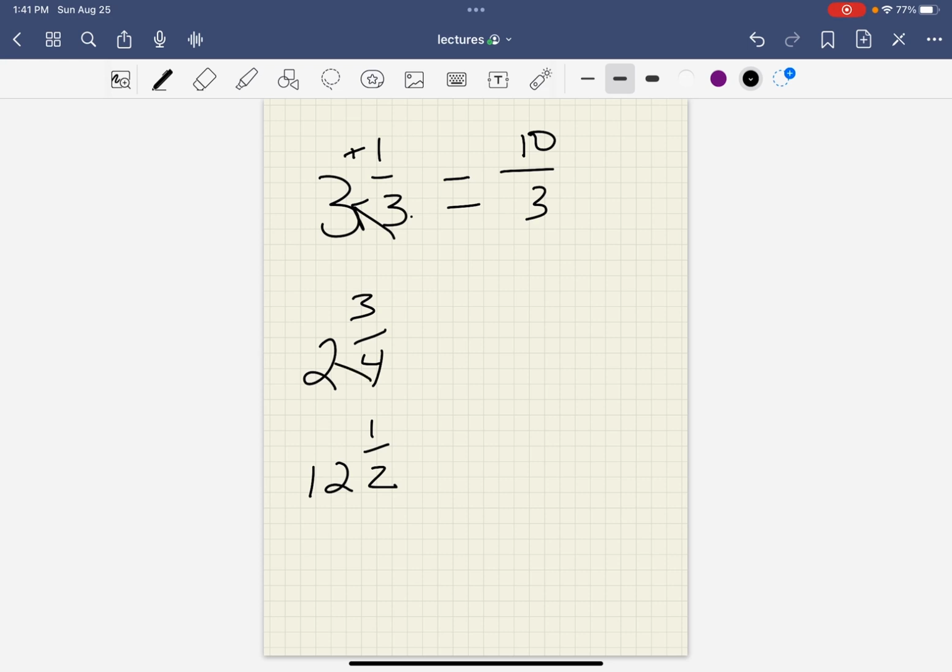This one is 4 times 2, add the 3, so 4 times 2 is 8, plus 3 is 11, denominator stays the same. And the last one is 2 times 12, plus 1, so 2 times 12 is 24, add the 1, 25, denominator stays the same.